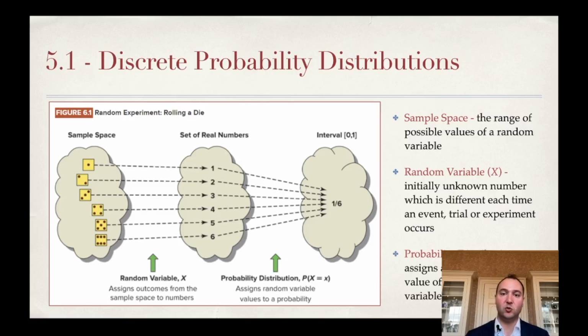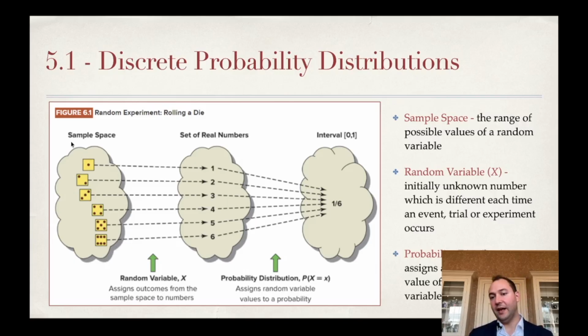Okay, so it's discrete because we can count exactly what are the possible outcomes. Our sample space, shown on the left, is the range of possible values of a random variable. In other words, this sample space is what are the possible values that we can possibly get.